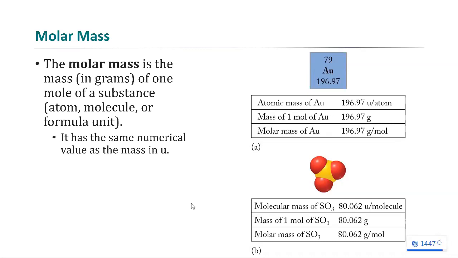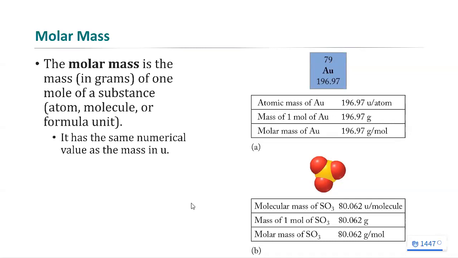The atomic mass of gold was 196.97 AMUs. The molar mass of gold, the mass of 1 mole of gold atoms, is 196.97 grams. Sulfur trioxide, we calculated the mass of the sulfur plus the 3 oxygens. We got 80.062 AMUs.